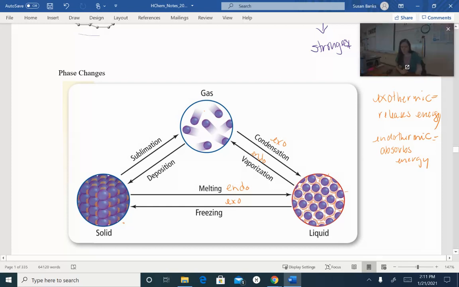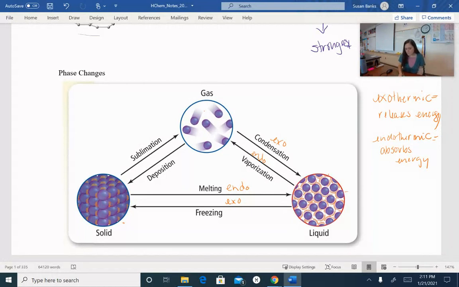Condensation. Okay, now this is probably something that you haven't talked about a lot. Sublimation is where we go from a solid directly to a gas. Okay, we go from this nice orderly arrangement to a very chaotic, fast-moving arrangement. That indeed takes a lot of energy.